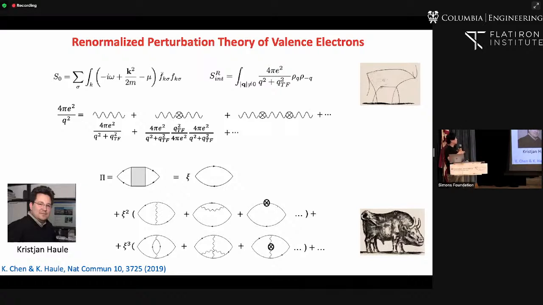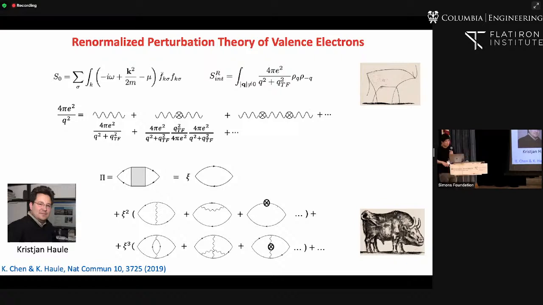It is divergent in the small Q limit, but our renormalized interaction is a screened one. So the way to add back the corrections is to expand this Coulomb interaction in a power series. The leading term is just the renormalized Coulomb interaction. Then there will be a first order counterterm, a second order counterterm, and so on.